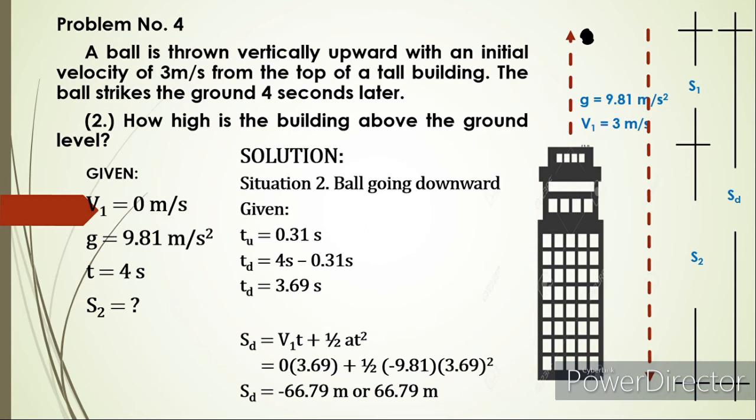Therefore, ang time nung simula doon sa highest peak hanggang doon sa bumagsak sa lupa is equal to 4 seconds minus 0.31 seconds. So, time mula sa highest peak hanggang sa bumagsak yung bola doon sa lupa ay equal sa 3.69 seconds.